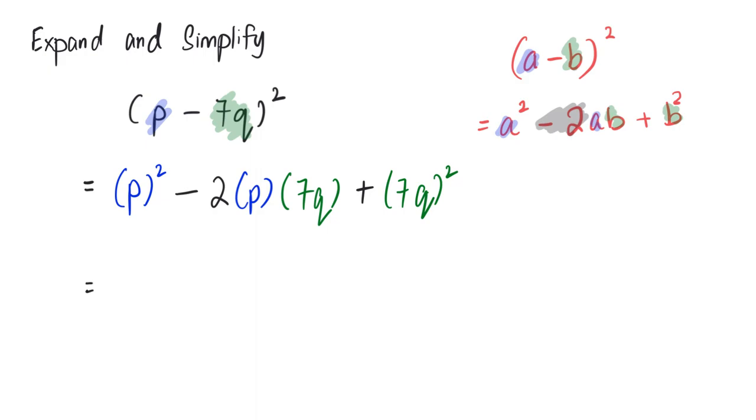So that final answer, p square minus 2 times 7 is 14, p times q is pq, 7q times 7q, 7 times 7, very good, 49, q times q, q square. Alright, and we are done with this problem. Let's move on to the next problem.